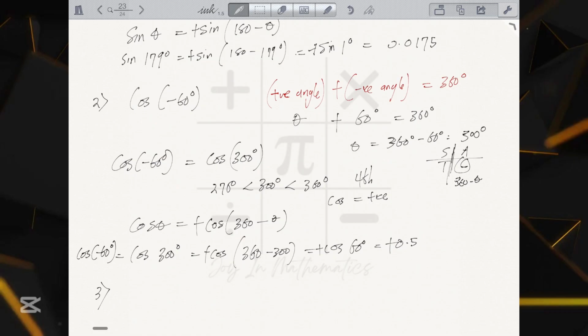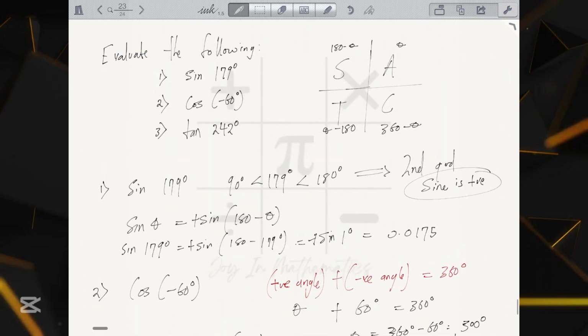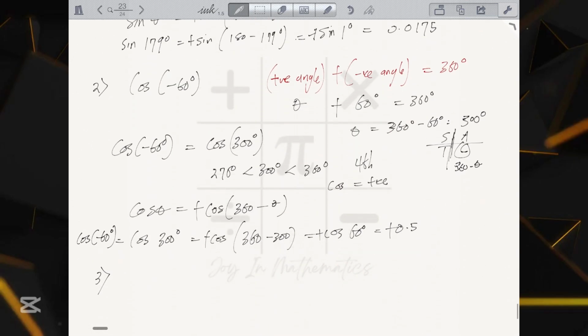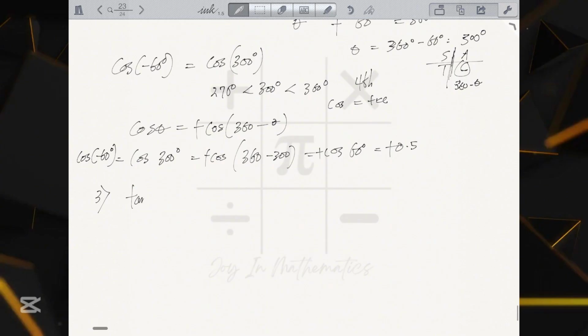Moving on, we want to evaluate the last question in this exercise. That's tan 242 degrees. Where does 242 degrees fall? 242 degrees is greater than 180 degrees but less than 270 degrees. So we can see here that it falls in the third quadrant.